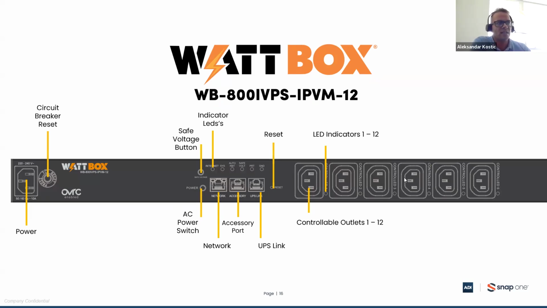And also, as it doesn't have a display built in, through the accessory port you can connect a faceplate with the display and have that way in front of the rack the status of the power consumption of the power outlets.